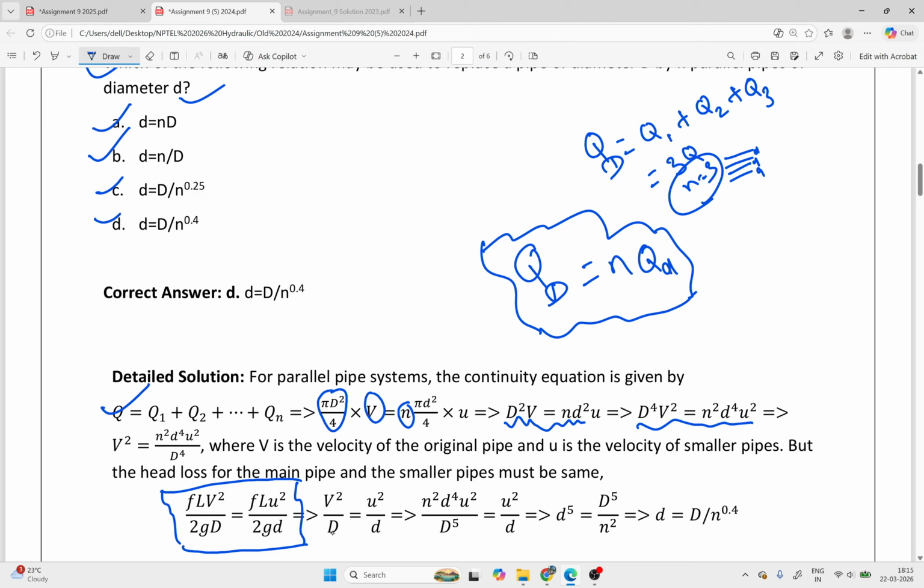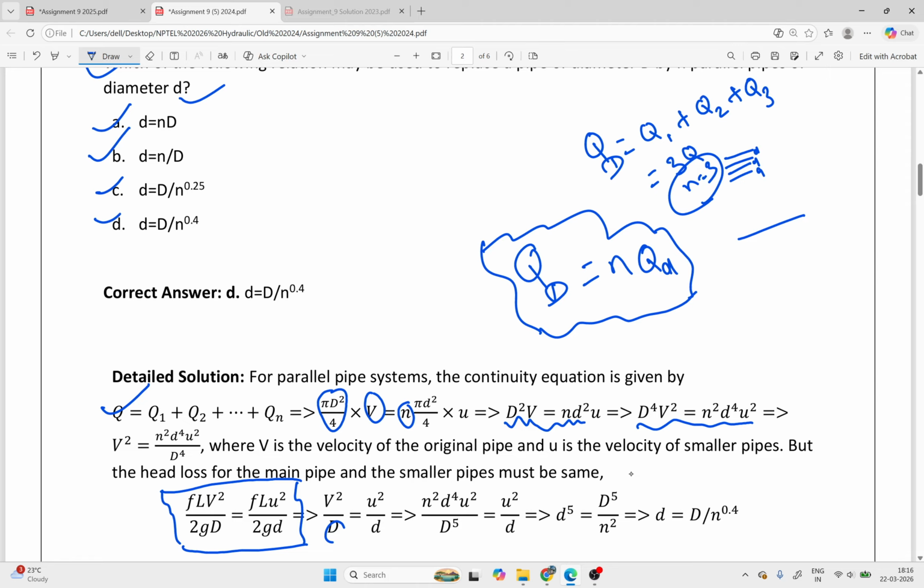In f L V square by 2 g D, f, L and 2g will cancel out, since we are considering the same length as the bigger pipe. So you can put the V square value, that is N square d to the power 4 u square over D to the power 5, and u square by d.